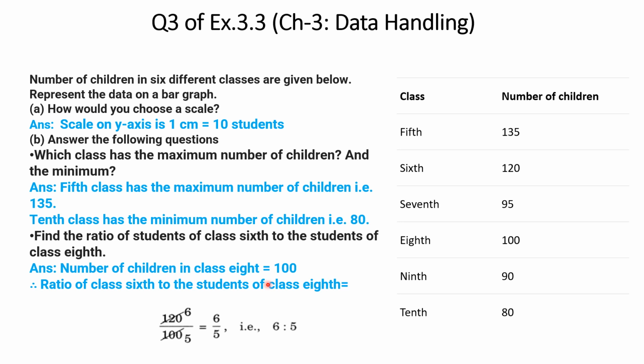The number of children in class 8th is 100 and in class 6 is 120. So the ratio of class 6 to class 8 means we have to put 6th class on top and 8th at the bottom. So 120 by 100 will be 6 over 5, that is 6:5. Correct? Let's do the next one now.